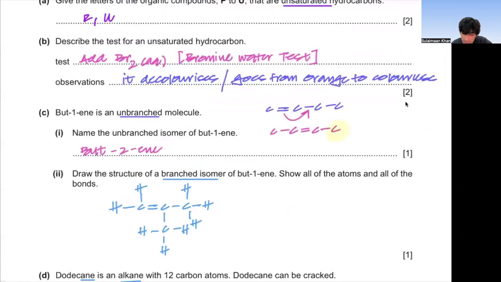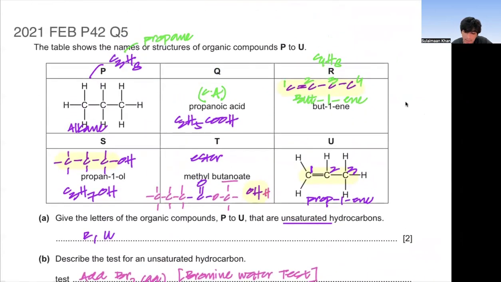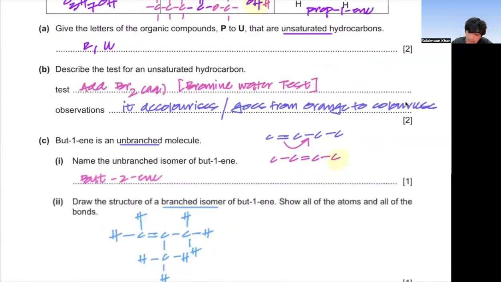So if I look at my beautiful compounds right here, you realize that dodecane can be cracked to form this beautiful alkane. It can be cracked to form butene, and it can also be cracked to form propene. And no, not propanoic acid, not butanol, not methyl butanol, because dodecane is an alkane. Cracking an alkane does not form an acid, an alcohol or an ester. So what does it form? Alkenes, butene, a smaller chain. If there was any hydrogen gas here, that would also be a possibility. But for now it's just P, R, U.